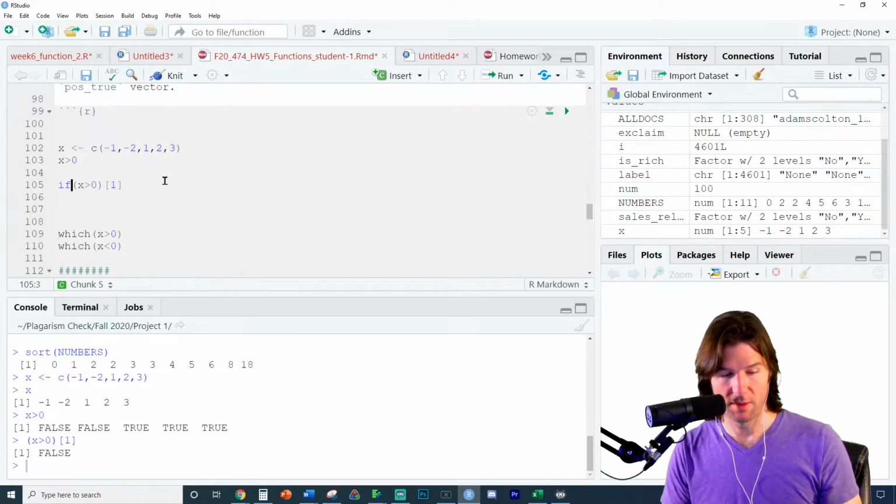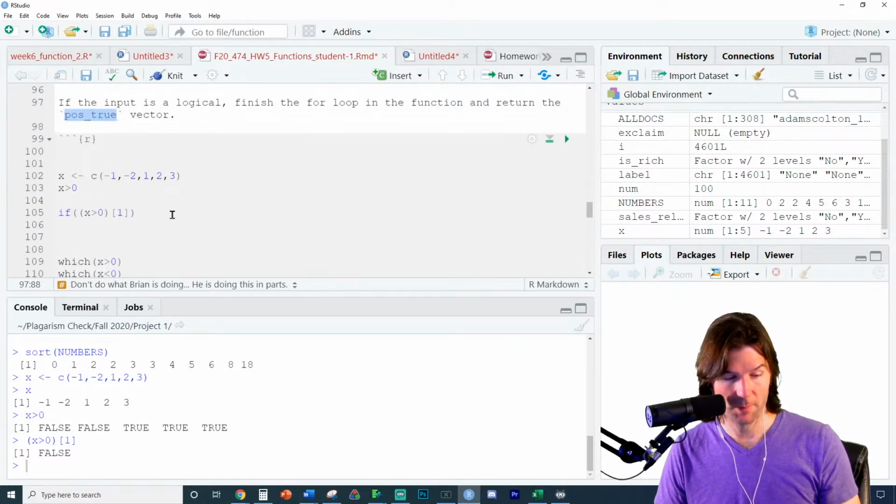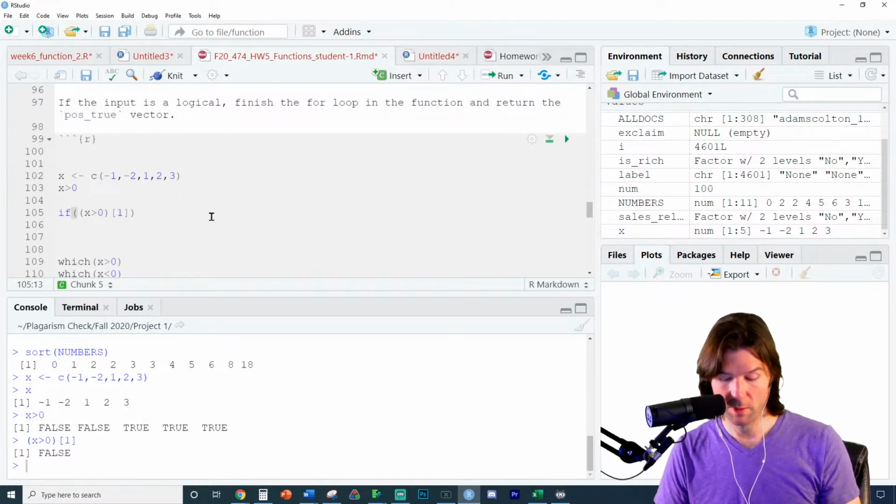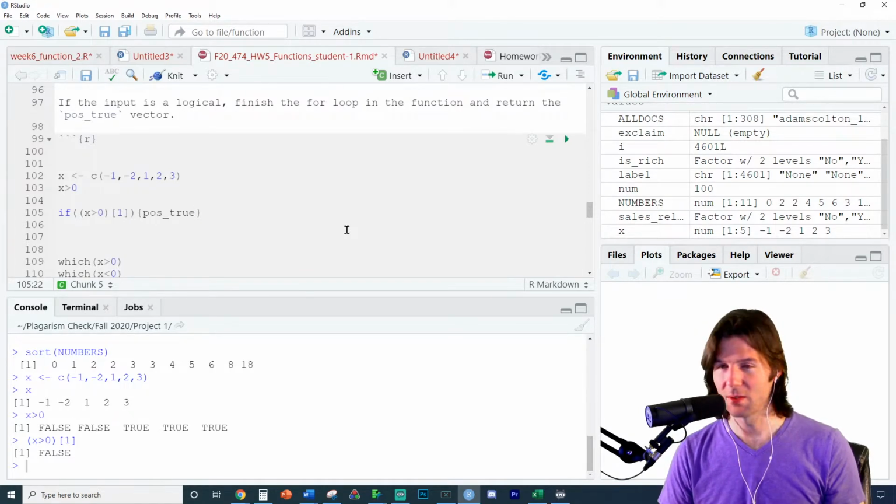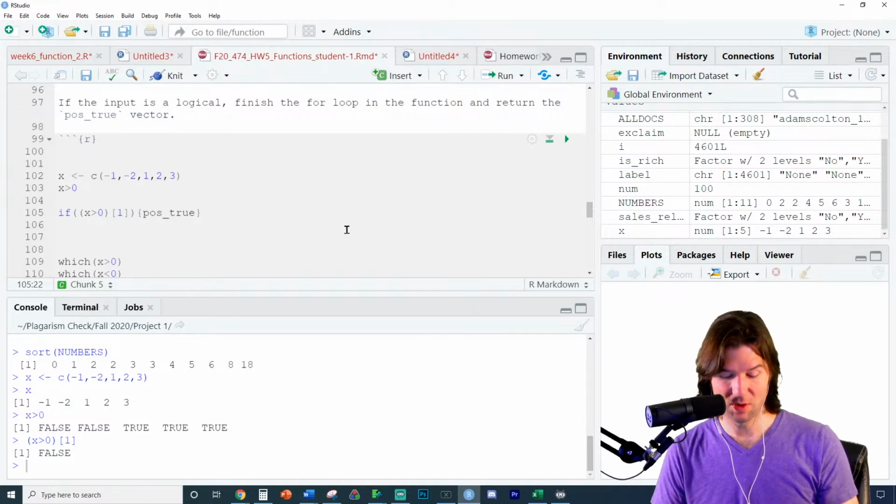So let's put an if in front of this. If this is true, then we've got the position true right here. If this is true, then run the code and store into position true. There's so many ways to do this.